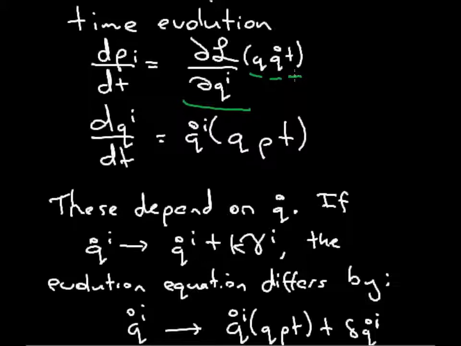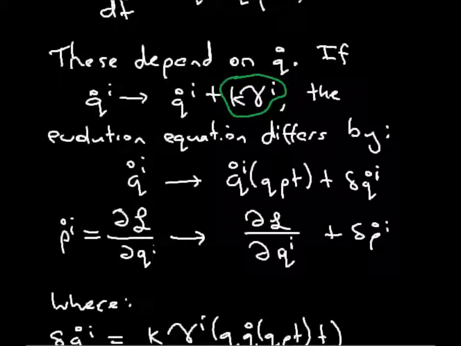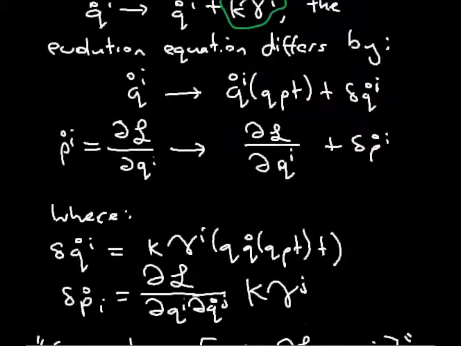But in the singular case, this inversion takes us to some arbitrary point on the family of velocities. This one evolution vector lies on a whole family of equally legitimate possibilities. The possible velocity vectors all differ by multiples of gamma, while p dot correspondingly differ by this mixed partial times gamma.